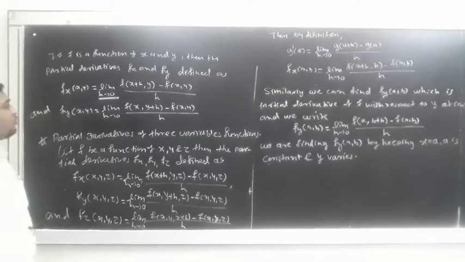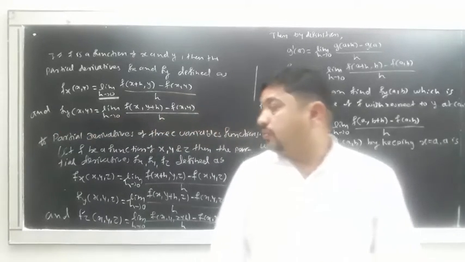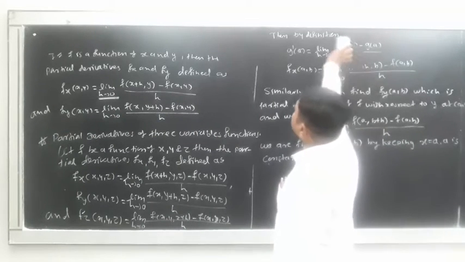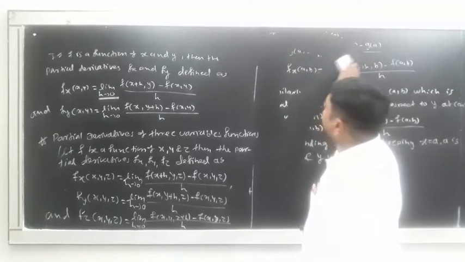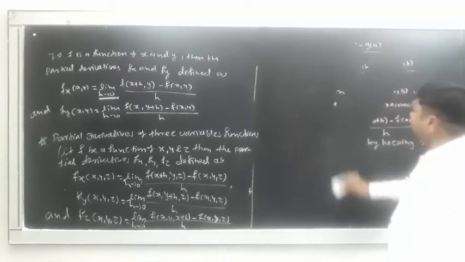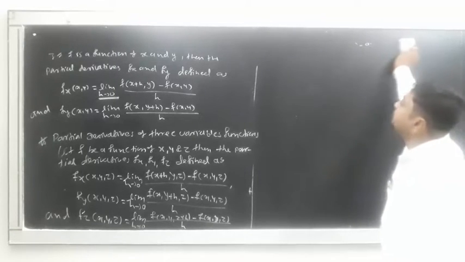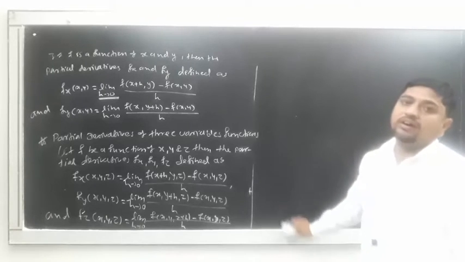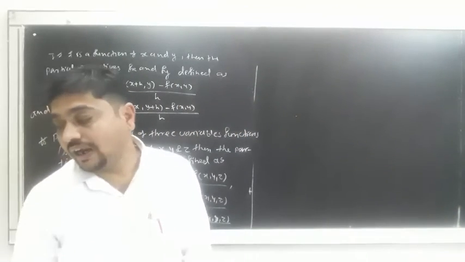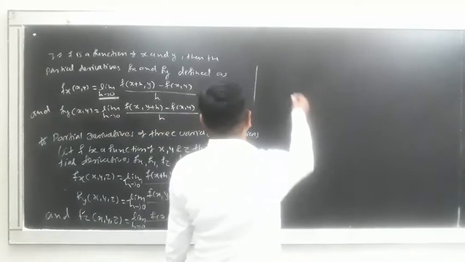Getting this? So we discussed the definition of partial derivatives of a function of two variables and three variables. Similarly, a similar definition we can write for 4 variables, 5 variables, 6 variables or n variables. So how we write it in general?